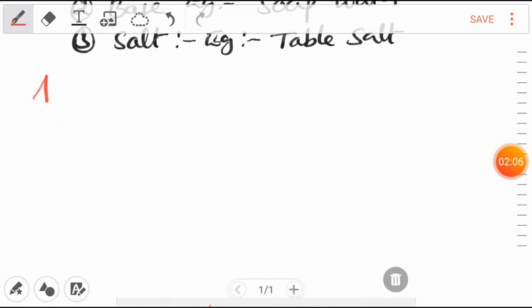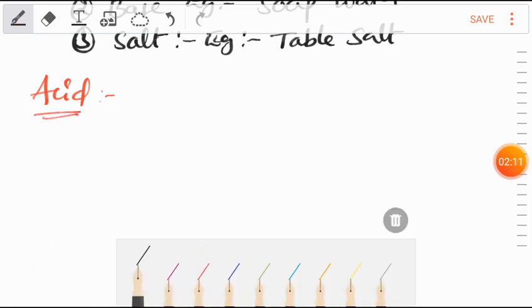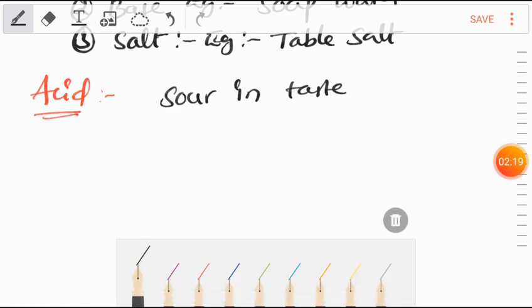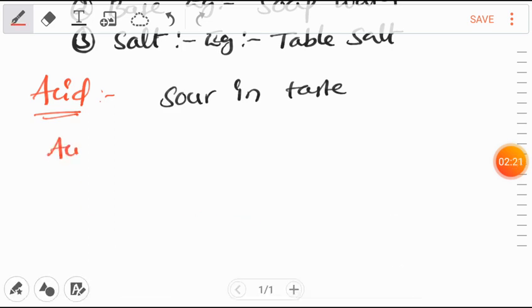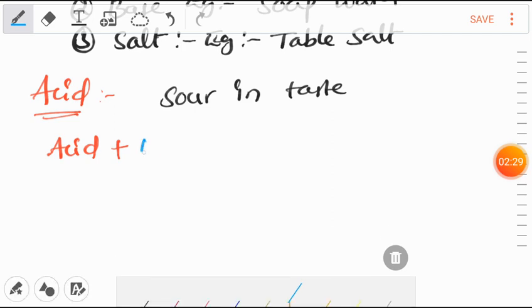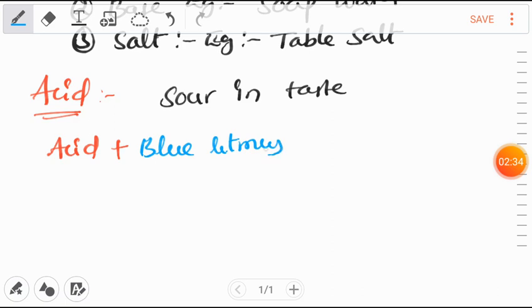An acid is a substance which has a sour taste, and which converts blue litmus to red. Blue litmus to red, so red in color.